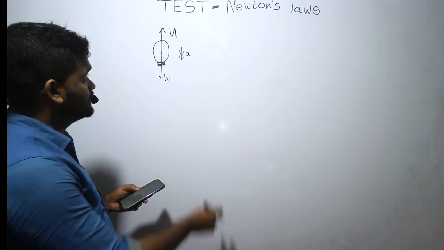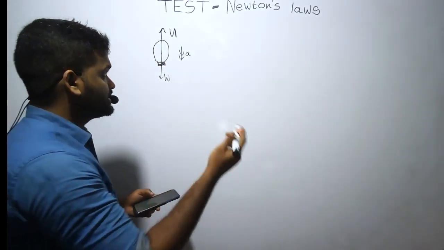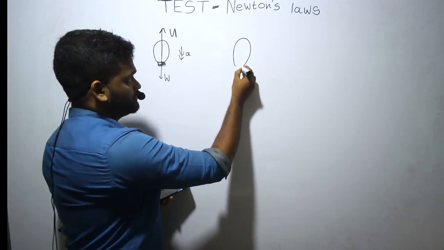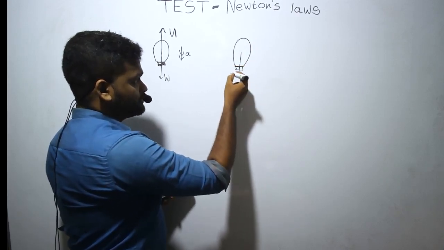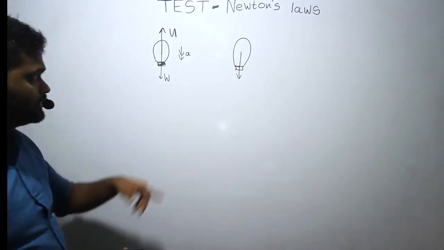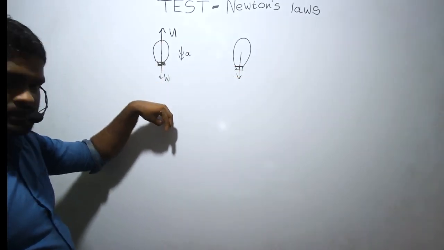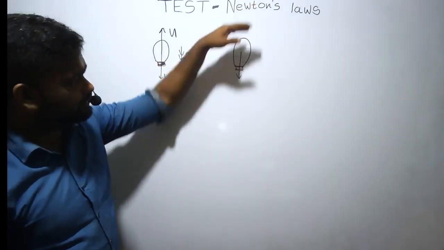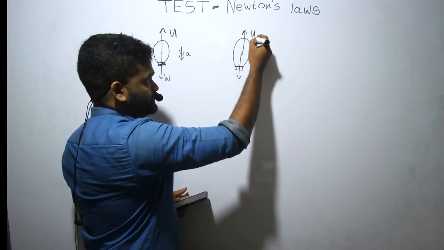So in this case, it lowers down. In the second case, it goes up. In order for that to go up, the weight of the balloon must be reduced. So it is lighter, and it would go up due to the upthrust. The upthrust is not being changed.